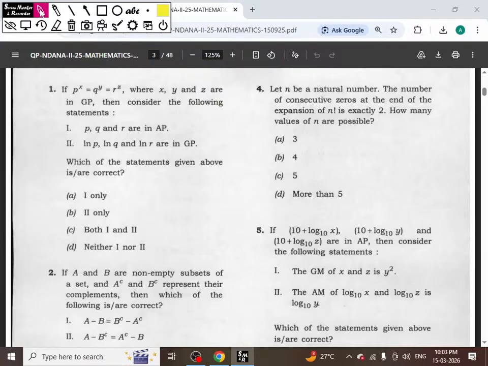So we'll start now. Change the pen. Okay, it's fine. So, Hare Krishna.